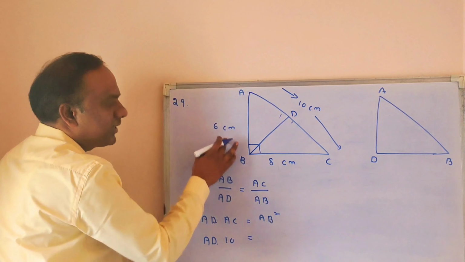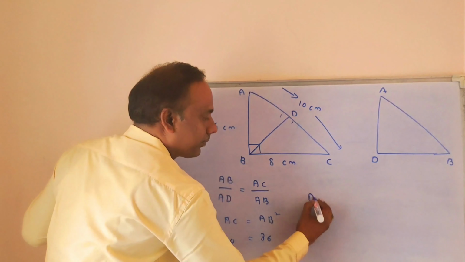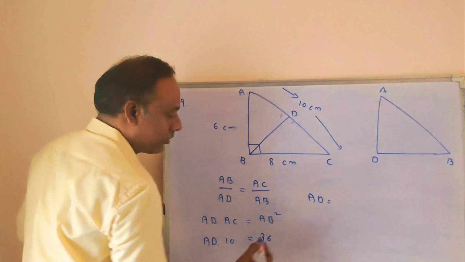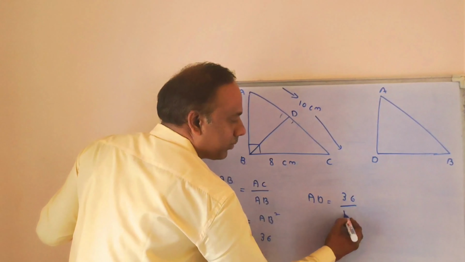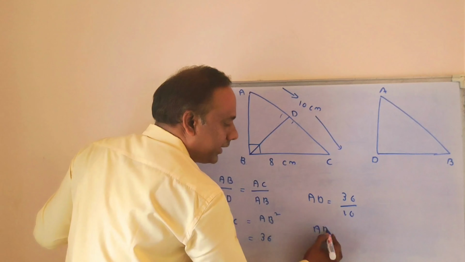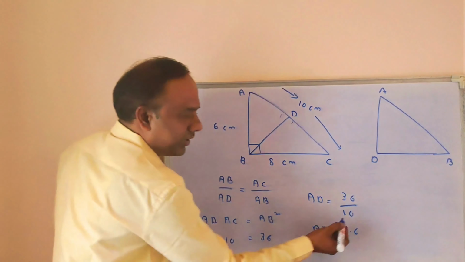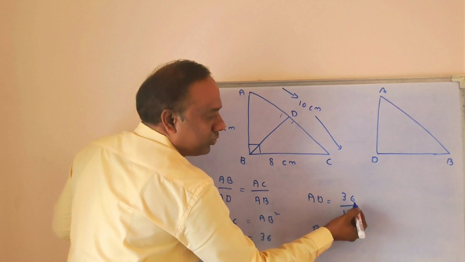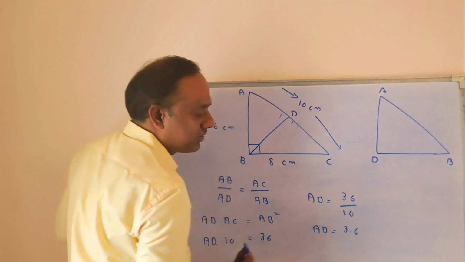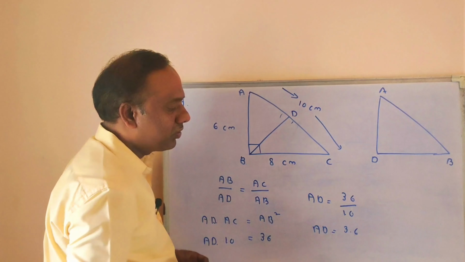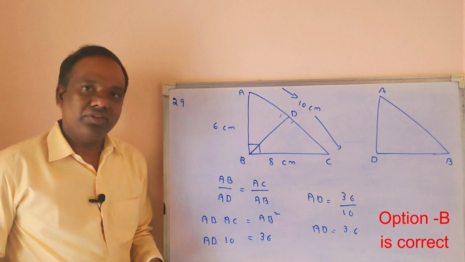Here AB is 6, so AB square is 36. So AD is equal to 36 by 10, which is 3.6. So AD is equal to 3.6. So option B is the correct answer.